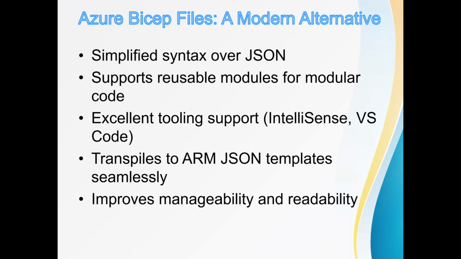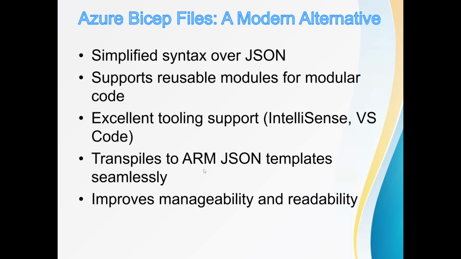Okay, it has excellent tooling support. Azure Bicep files have tooling support from IntelliSense and Visual Studio Code. These tools help us write Azure Bicep files and make it easier.